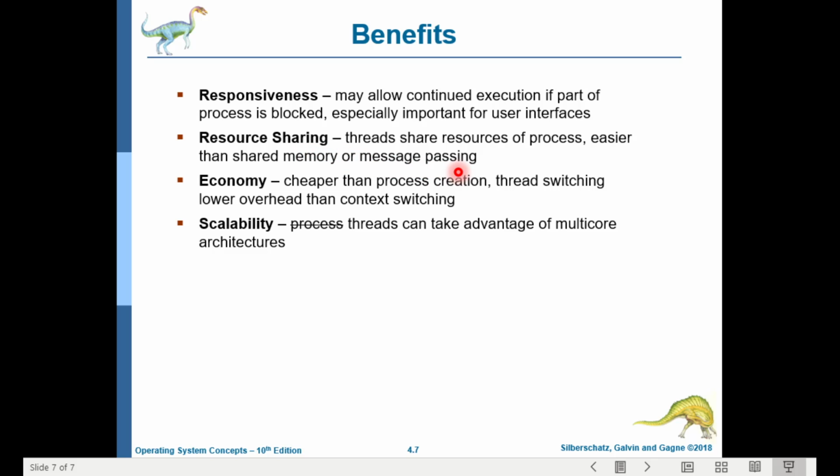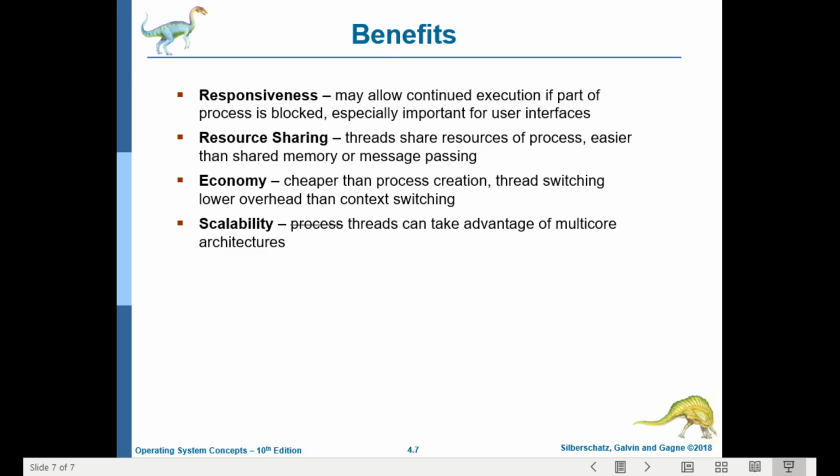We learned in chapter 3 that for processes to share resources, there is an interprocess communication mechanism, IPC, through shared memory or message passing. However, a programmer needs to write the code explicitly. This is in contrast to threads, because threads share their resources within the process to which they belong.